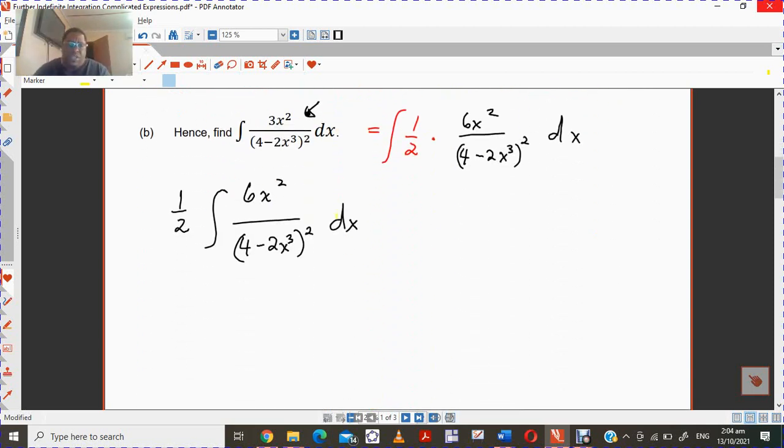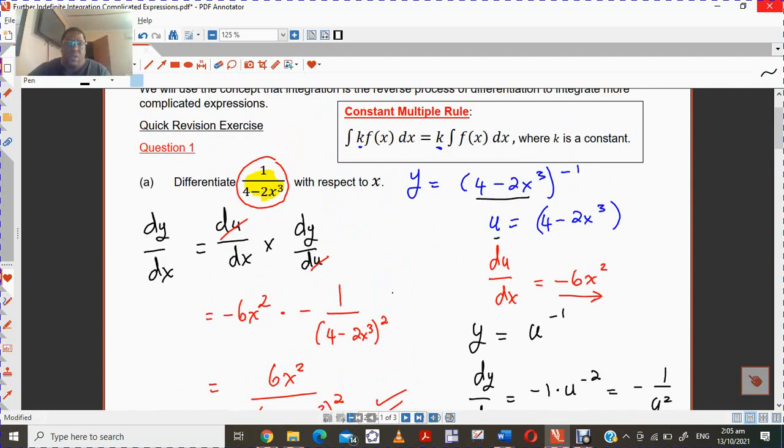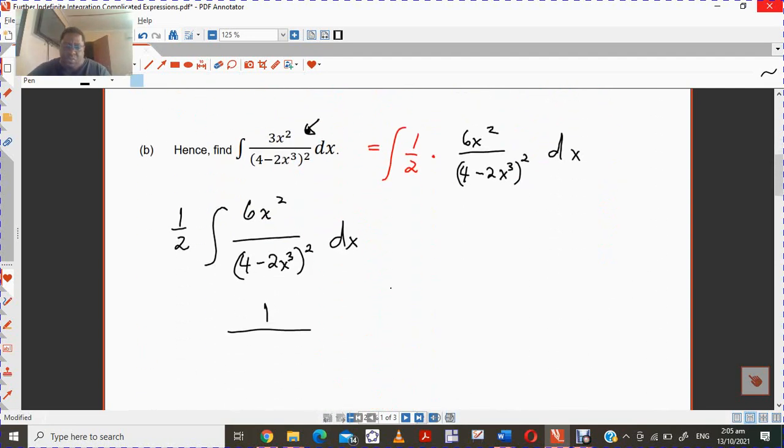So that function is nothing but 1 over 4 minus 2x cubed. So that's what that function is.